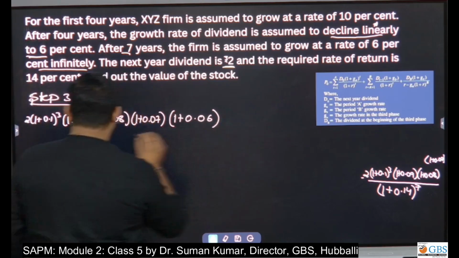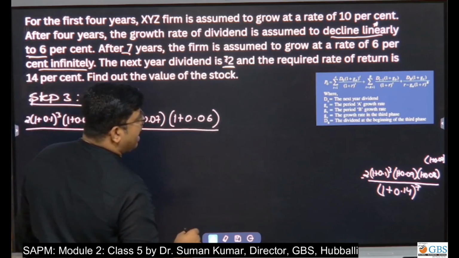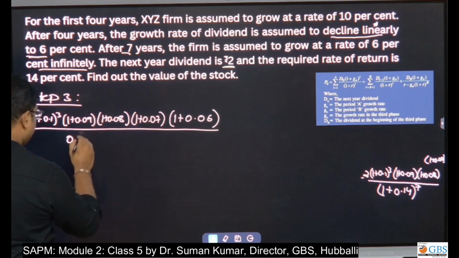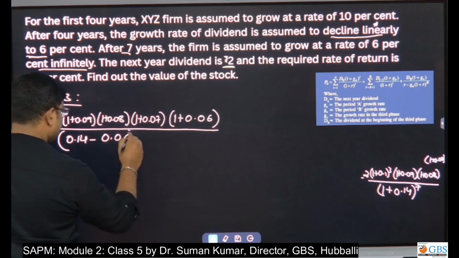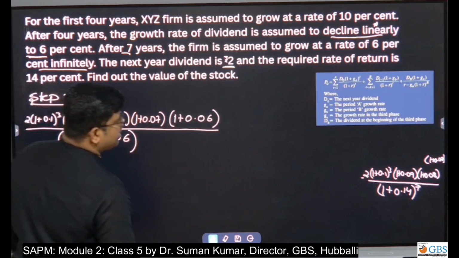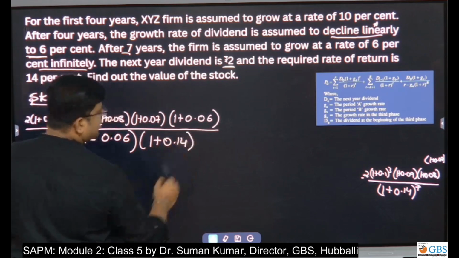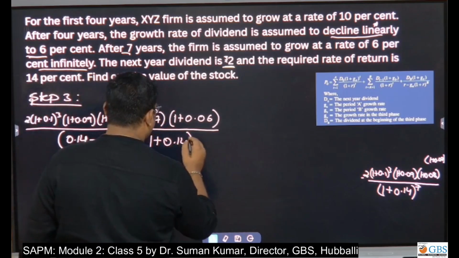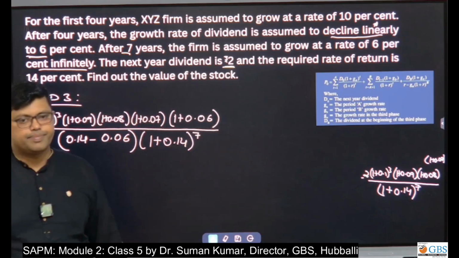Then the whole divided by R, that is the required rate of return, minus g_n, that is 0.14 minus 0.06. That into (1 plus 0.14), that is R, raised to B, that is for the 7th year onwards. Very, very simple.